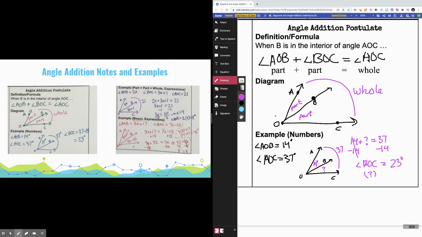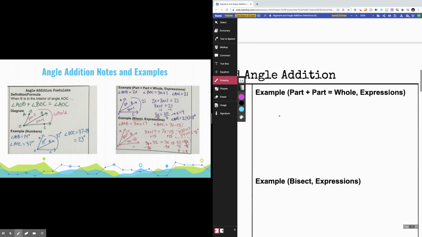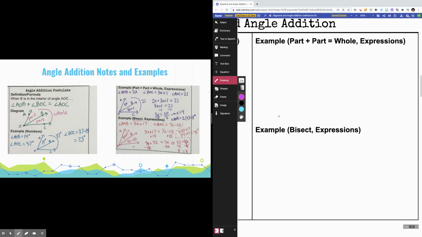So that's it. Again, the algebra part gets a little bit more challenging when you're dealing with expressions, but the process and what you're writing is the same.